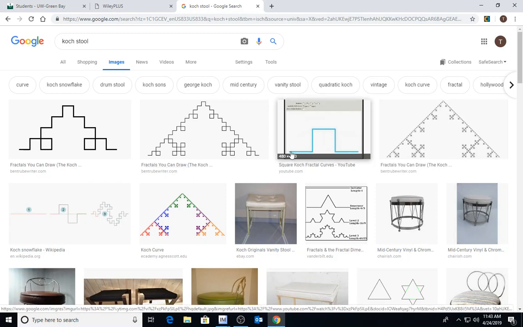At any rate, if you took a ruler and measured the whole thing and then measured this piece, you see that it's 3 times as big, right? The whole thing is 3 times as wide as just this little piece that looks like the whole Koch stool. So scaling factor is 3.